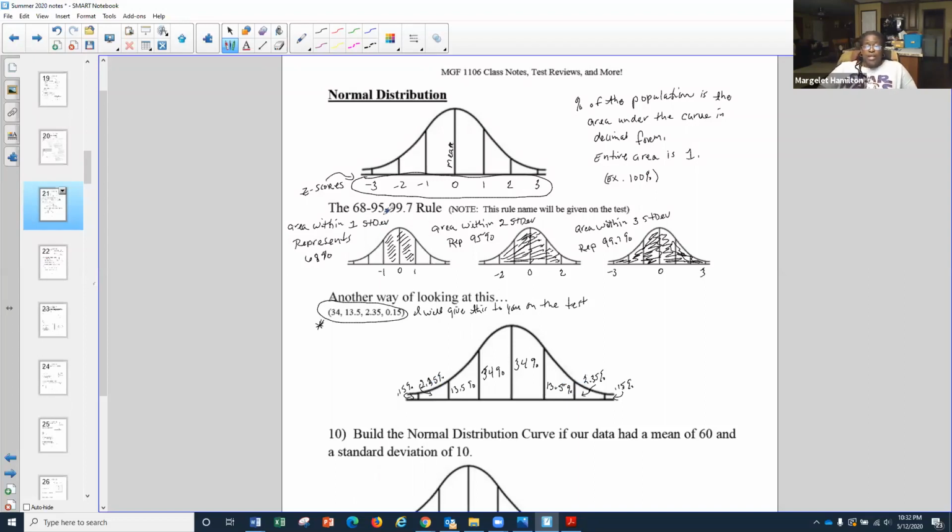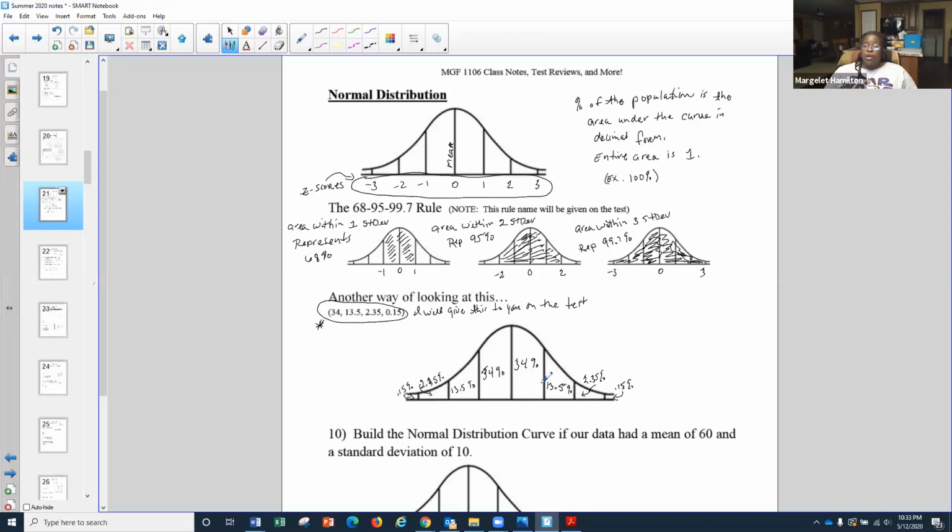So we can look at it as our standard deviations. One standard deviation, 68%. Two standard deviations is 95%. Three standard deviations is 99.7%. Or we may need to look at it in broken down pieces for each area underneath the curve.